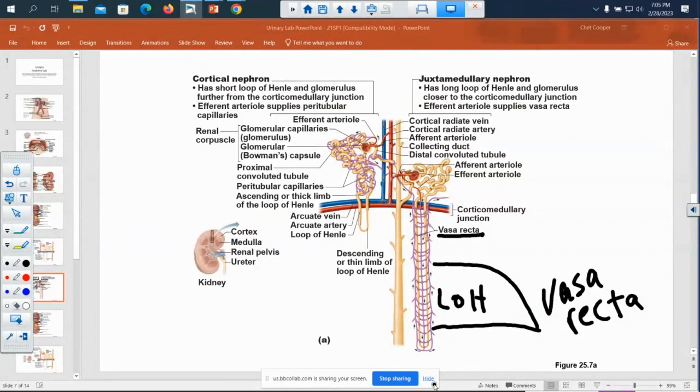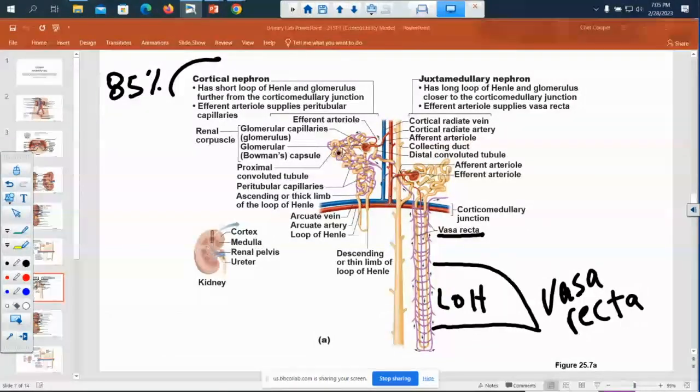Now, these nephrons, the long ones and the short ones, or the ones that are mostly in the cortex versus dipped down, have different names. Approximately 85% of your nephrons are cortical.